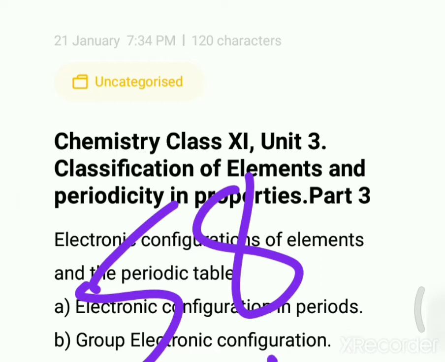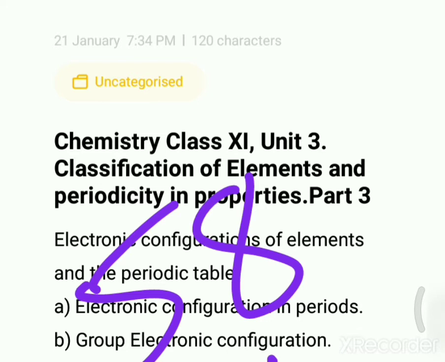The sixth period ends with lutetium, that is 71. This gives the 4f inner transition series, which is also called the lanthanide series.